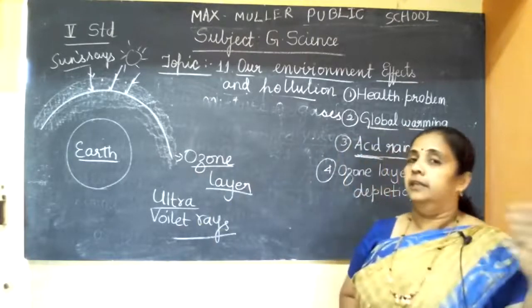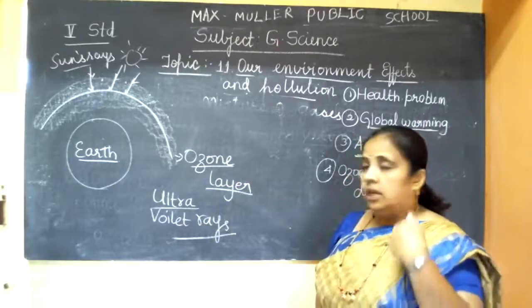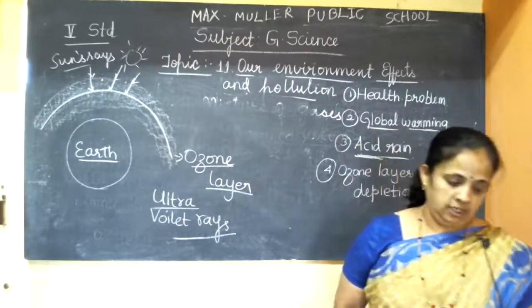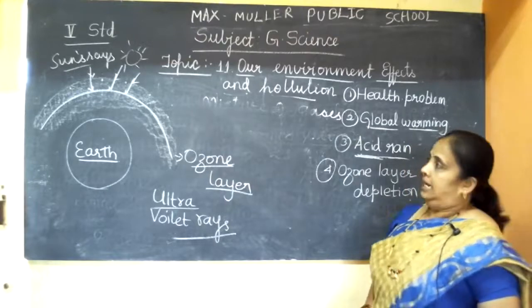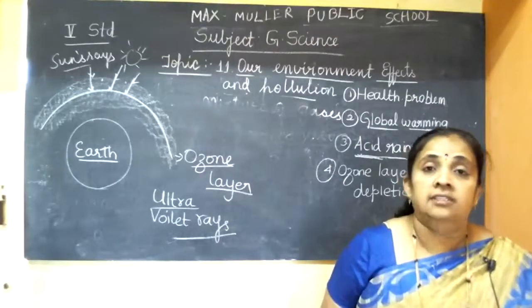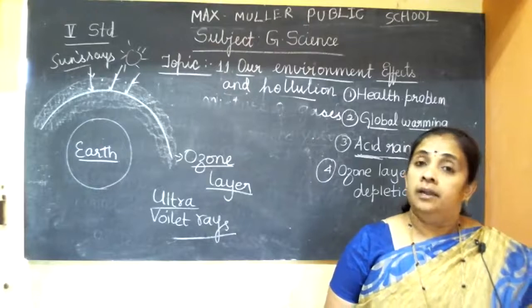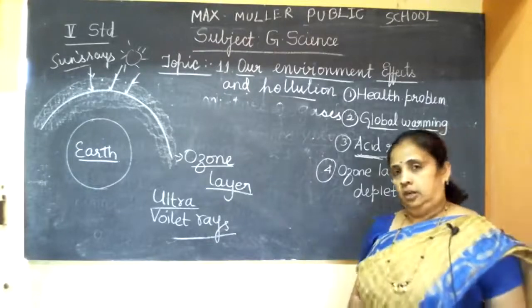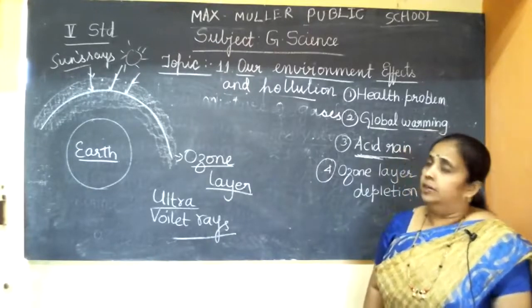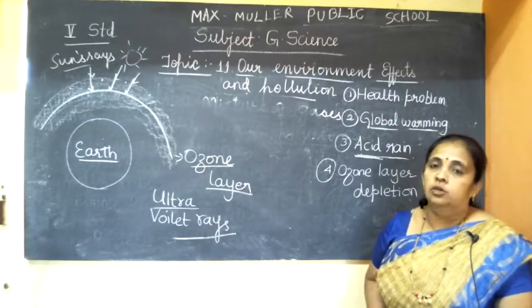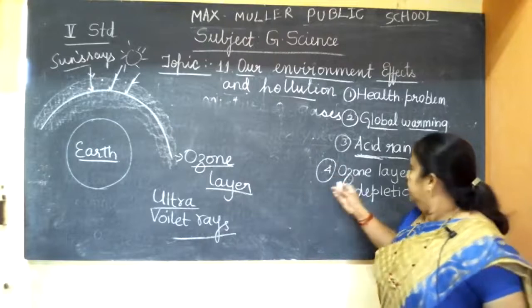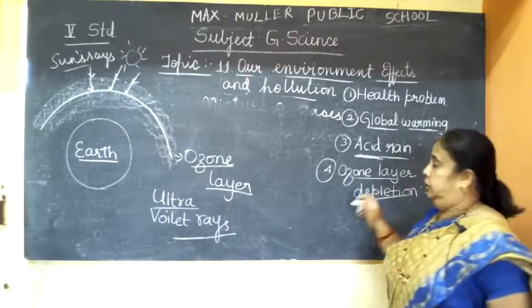Because the heat is increasing and the harmful rays of the sun reach the earth easily, we get skin cancers, allergies, or the animals and plants, because they can't withstand that much heat, may die, they may lose their life. So that is ozone layer depletion.